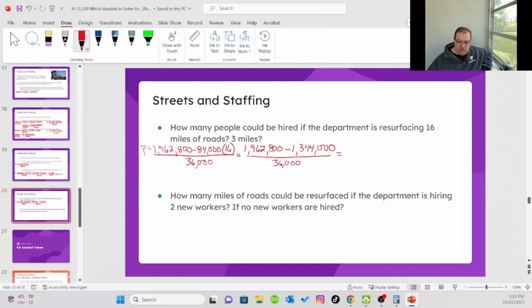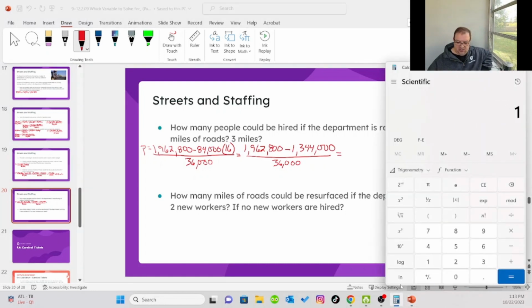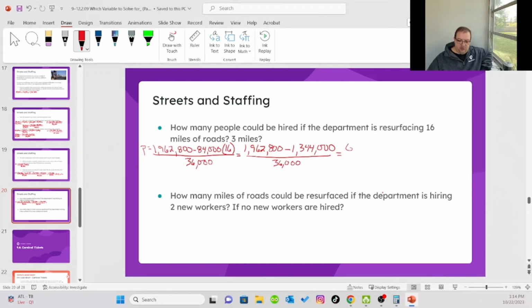Now, if we take the original budget and we subtract the cost of the road, that leaves us with $618,800 to use for people.